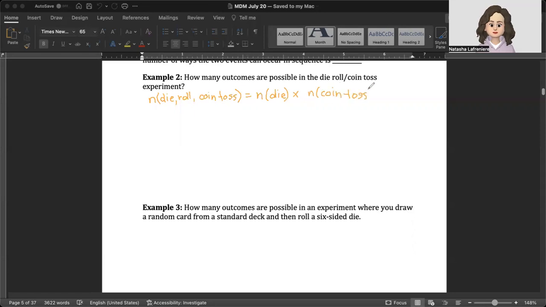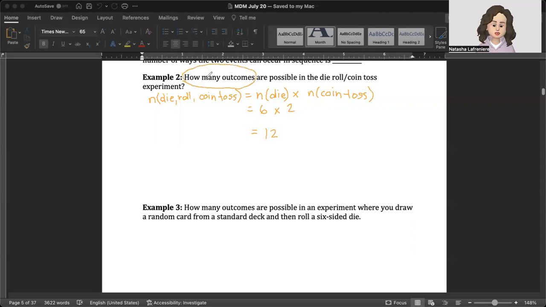Okay, so our number of die is a 6-sided die, so there are 6 possibilities, and for your coin toss you've got heads or tails, so it's 2, and so that would be 12. So that is to find the number of outcomes.